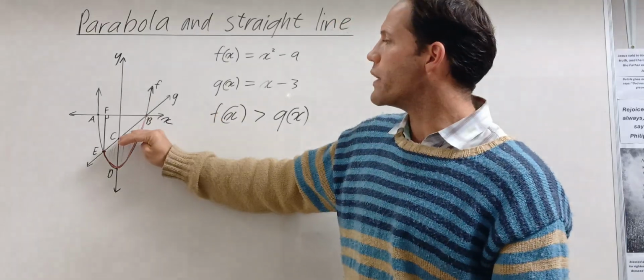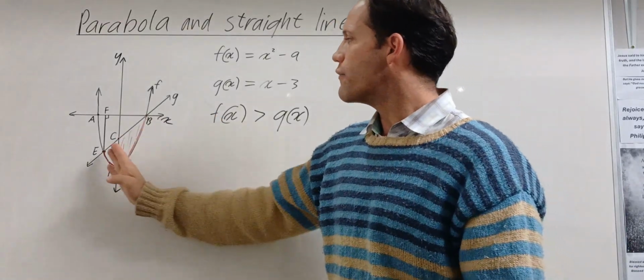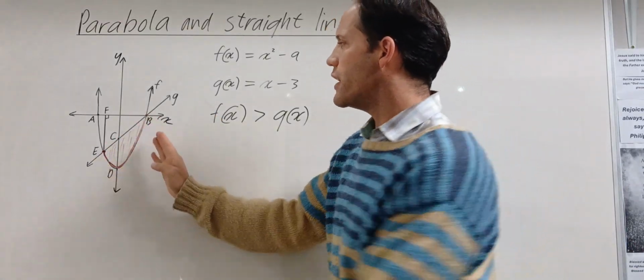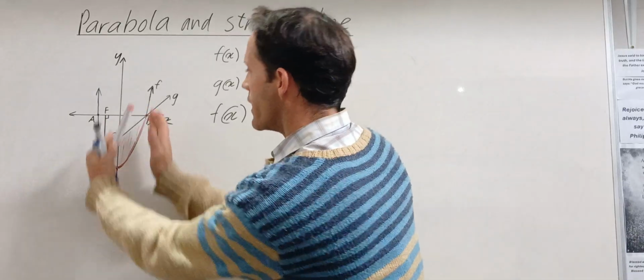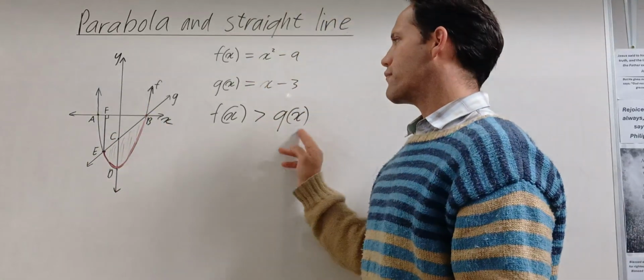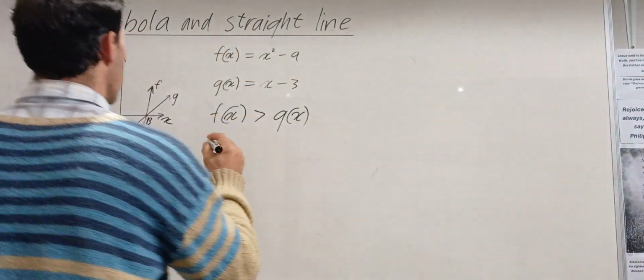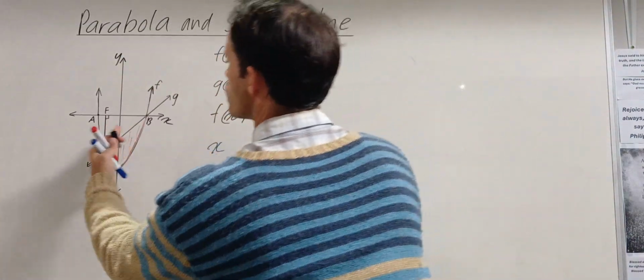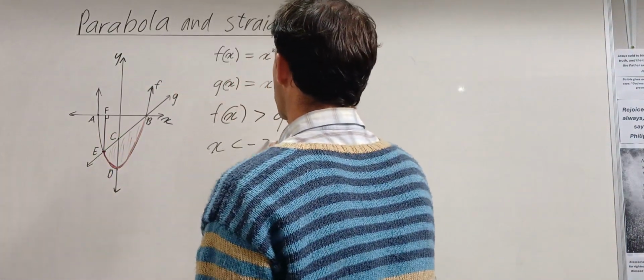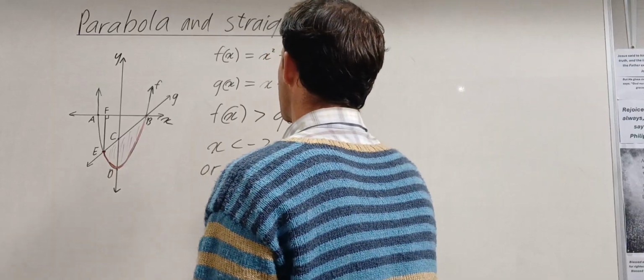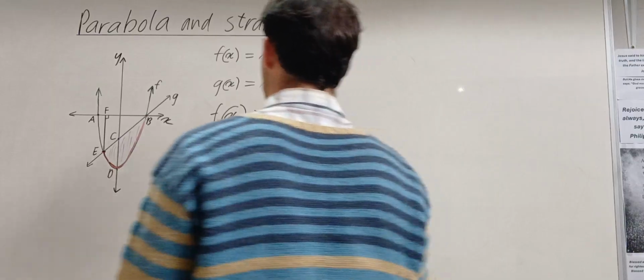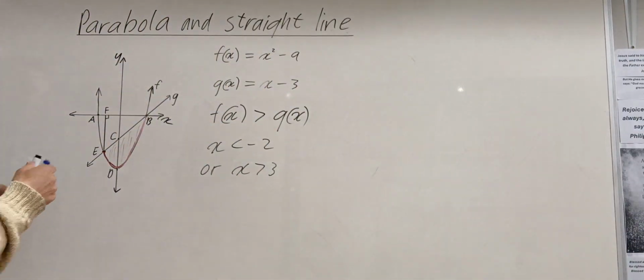So if you know where it's below, from negative 2 up to 3, for x, it's below, then where is it above? Where is it above? It's the other parts. Okay, so your answer is x must be smaller than negative 2, or x must be bigger than 3. Okay, it's this part here.